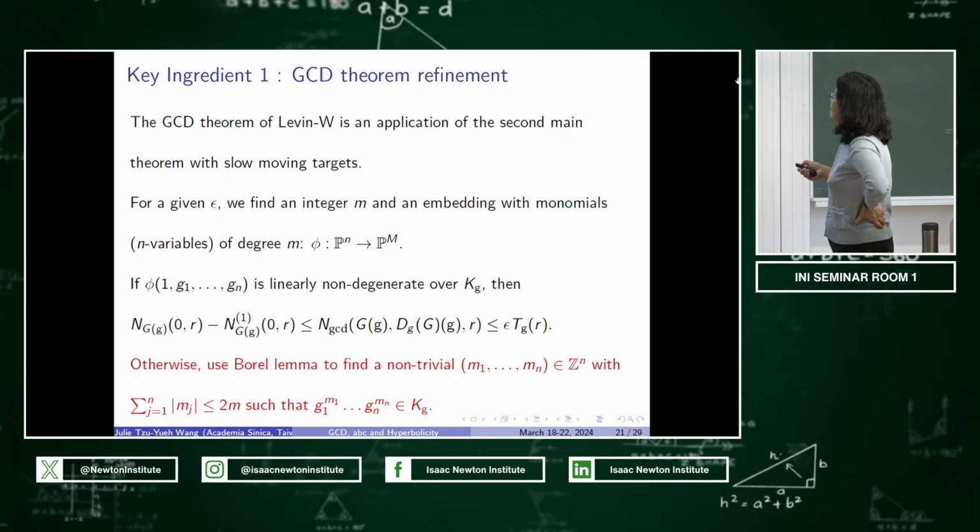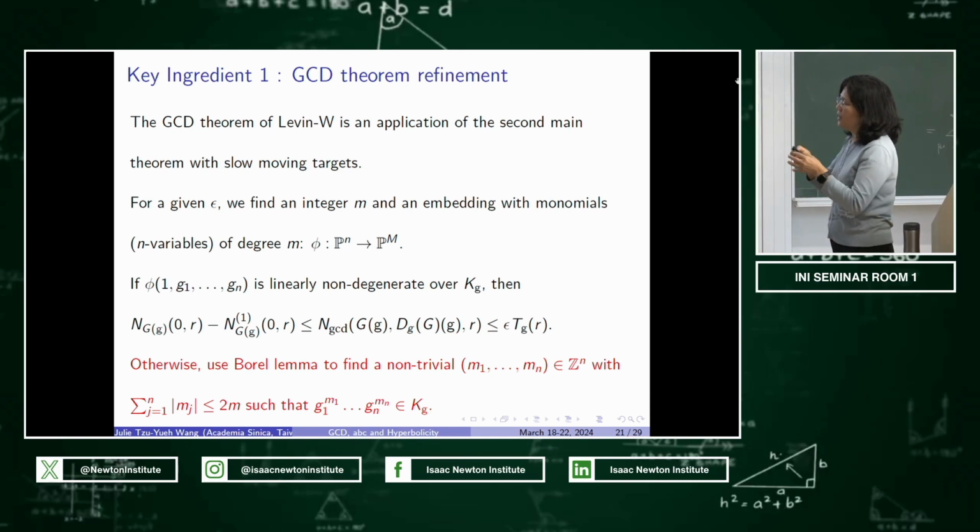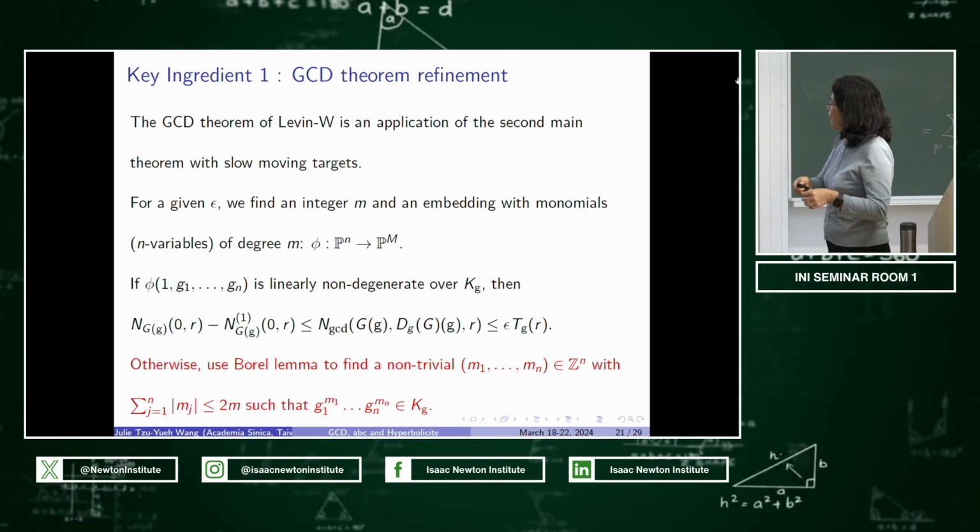Okay, and so what if they are linearly degenerate? If it's linearly degenerate, it simply means you have some monomials of G, and then they sum together with some coefficients in the field. And so this is where the Borel lemma can be used.